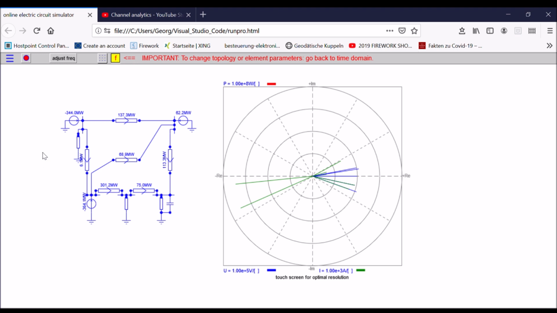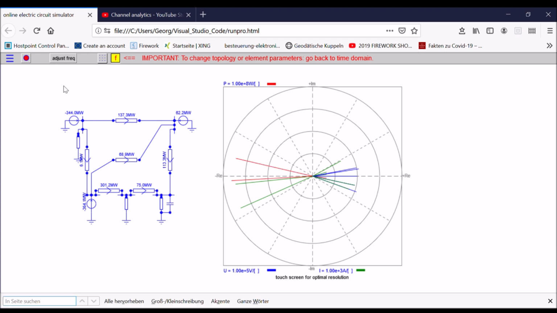I would like to tell the system that I want so much power from this source, so much power from this source, and so much power from this source. Please, dear system, adjust the voltage phases accordingly so that I get, at the end of the day, the right distribution of the power for the sources but also for the loads. This is something I'm missing, and in order to get there I need to go one further step.